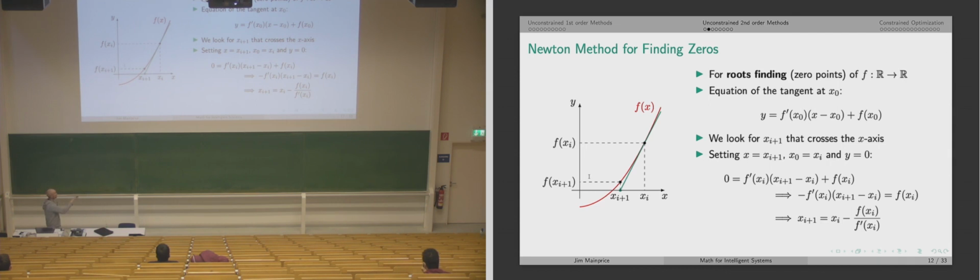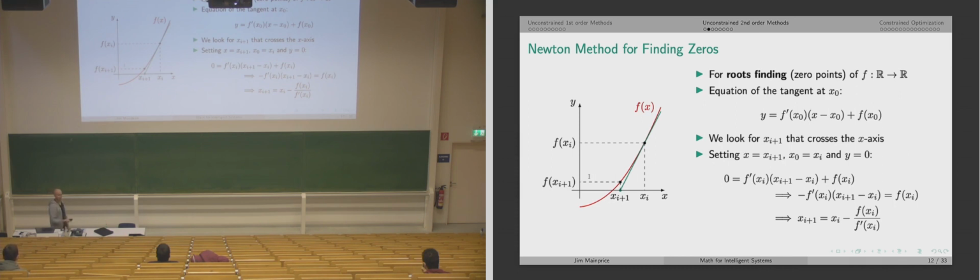Okay? That's just what this equation is saying. And then it's just linear algebra, and then you get that. Does that make sense, that derivation?